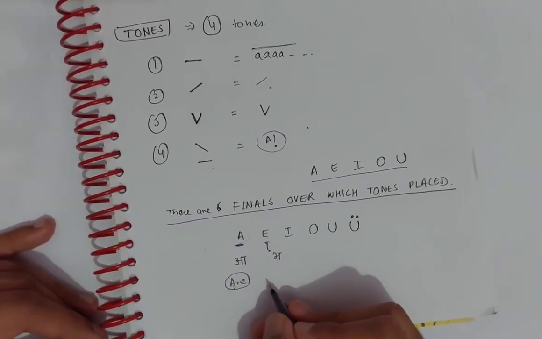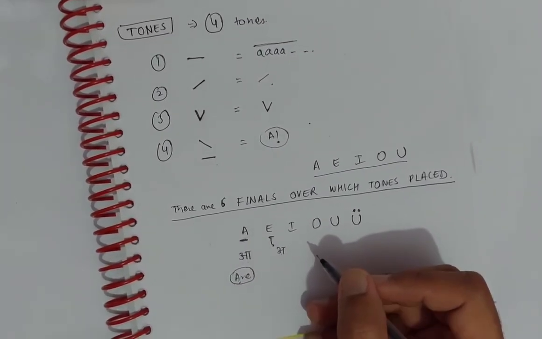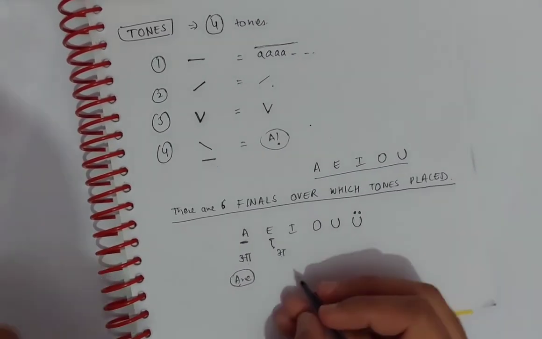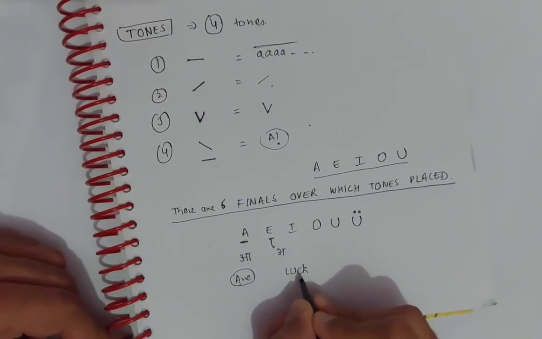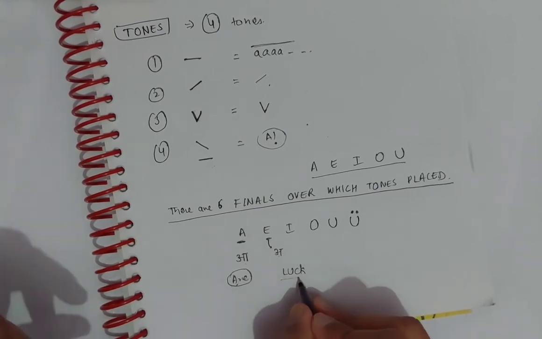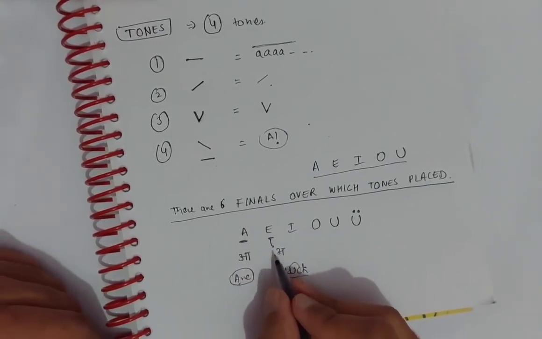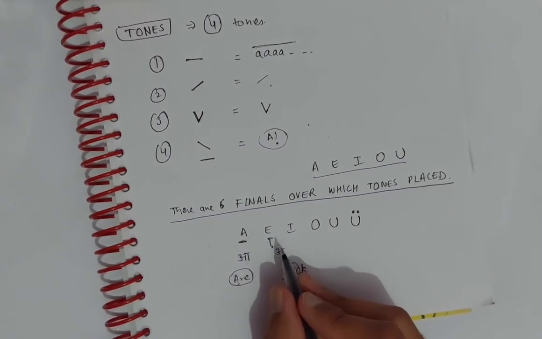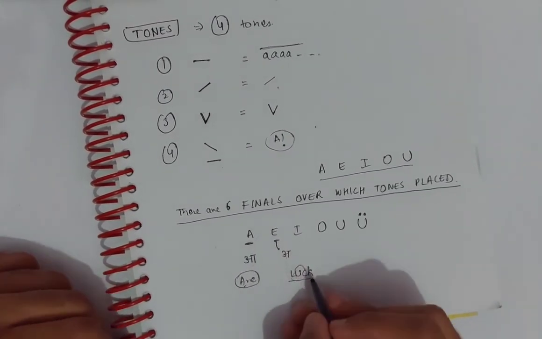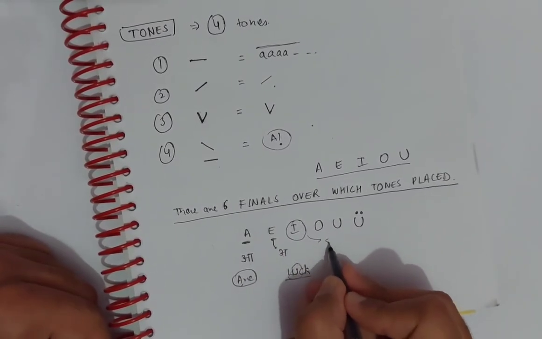Some words in English, like luck, have the pronunciation of u in this word. So this e we pronounce in Chinese not as e but as a final, like the e in Hindi for Imli.